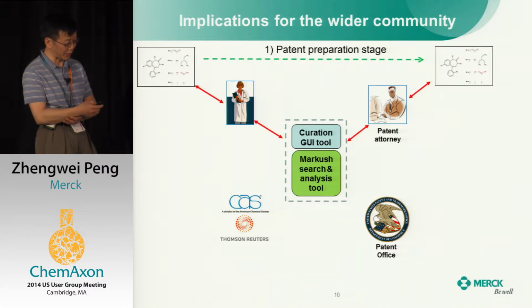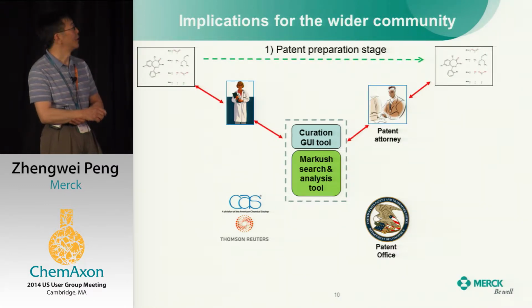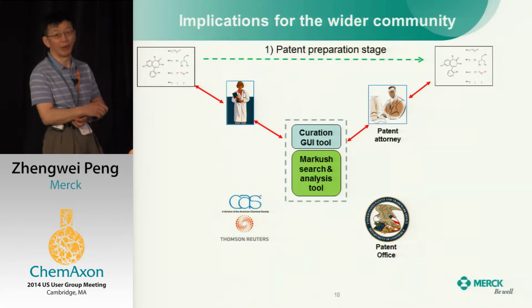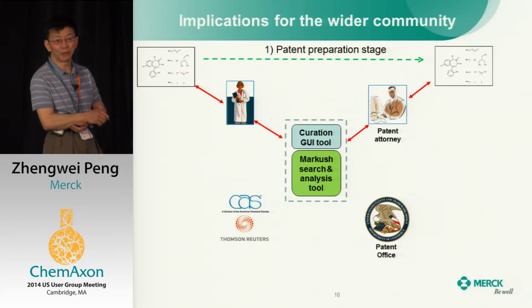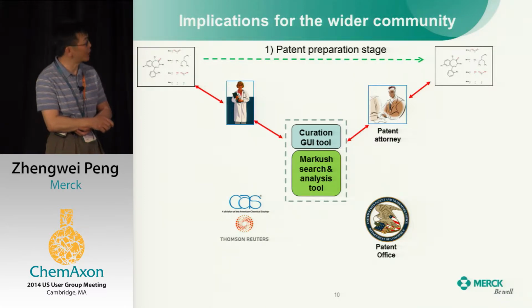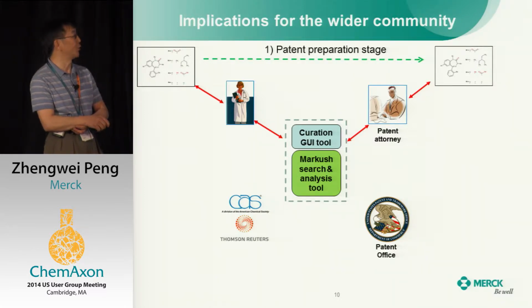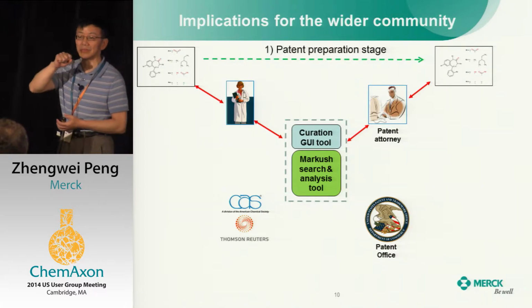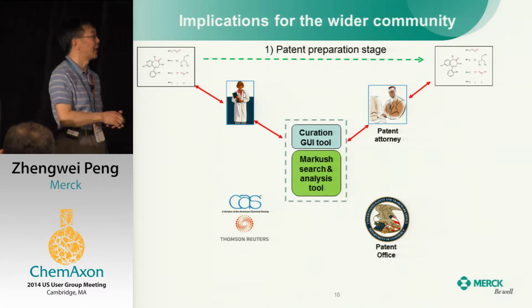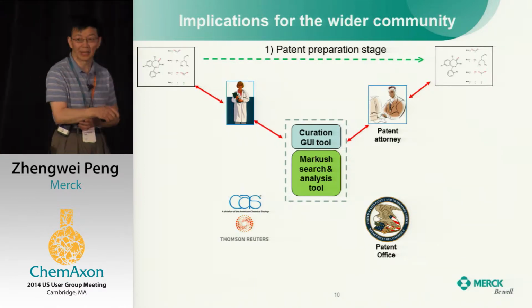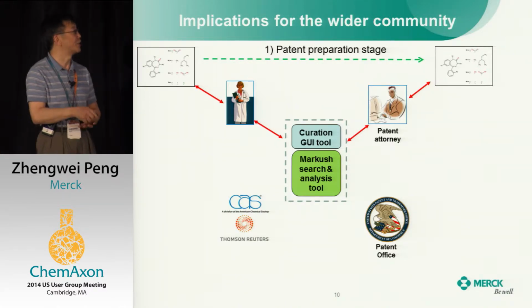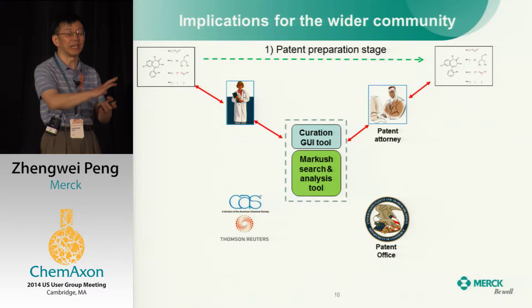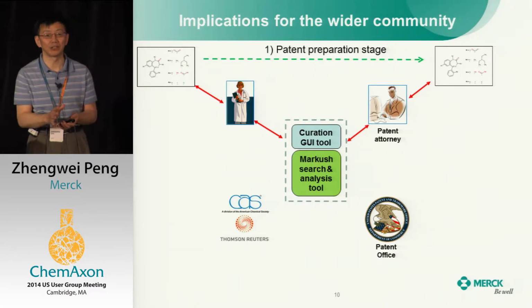Essentially, the project team will create the content, play with it, draft it, and try to break it themselves, find holes, and make compounds to fill those holes, and then work with the patent lawyer. The patent lawyer could also use the same thing, utilizing the Markush composer or something like that. Actually, our lawyers ask for that utility. Essentially, it helps him to have an initial draft of the Markush structure.